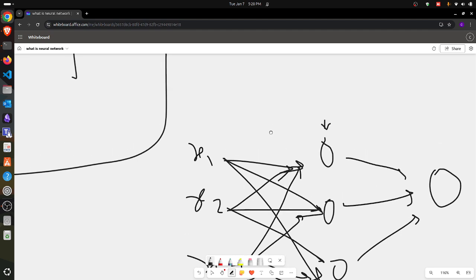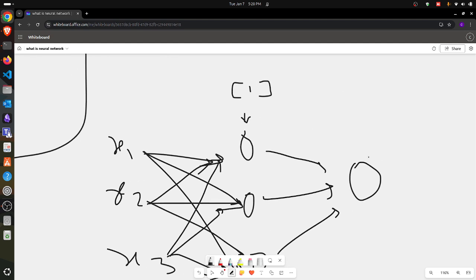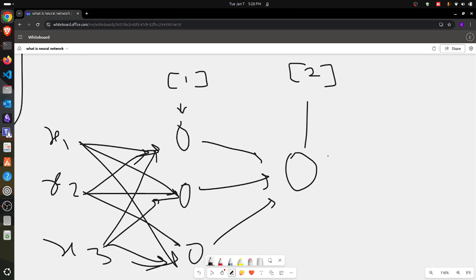So we are going to introduce new notation, the square bracket thing, and this tells us the quantities which are associated to this layer. Alright, and this will be in square bracket two, and finally we are going to get y. So this thing will be quantities associated to layer 2.